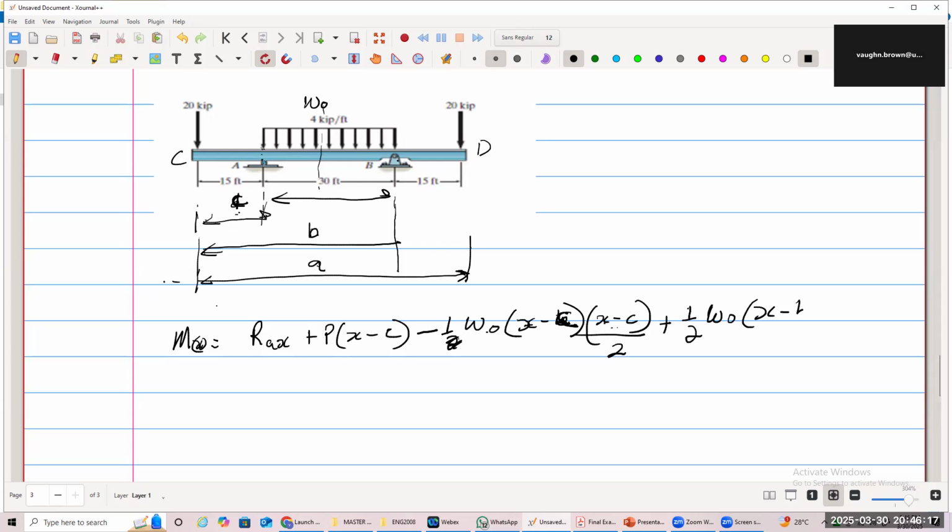B, so it's x minus B times x minus B. And you have the 2 over here already. See, the 2 would come underneath here. It's the same difference. If you want to visualize it, see there? And typically that's an expression for it. So this is your moment, your bending moment expression.